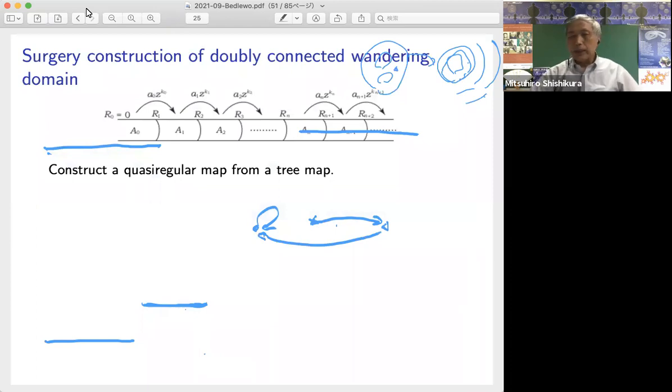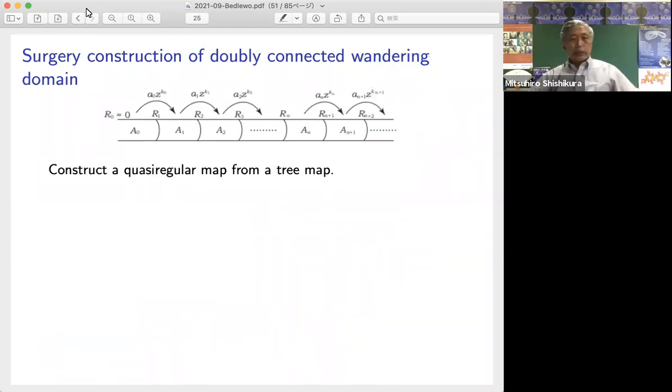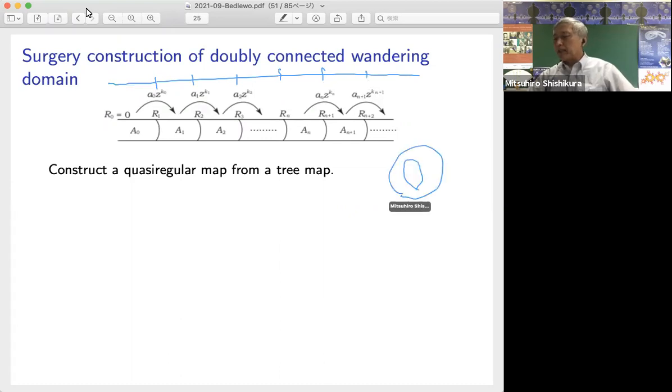Okay, so let me explain the construction quickly. I think I have motivated enough how you use the tree for the rational map case. And this case for the entire function is even simpler, because if you want doubly connected domains, then if you have these singular foliations for this annulus, in this case non-singular, you should be getting a segment.